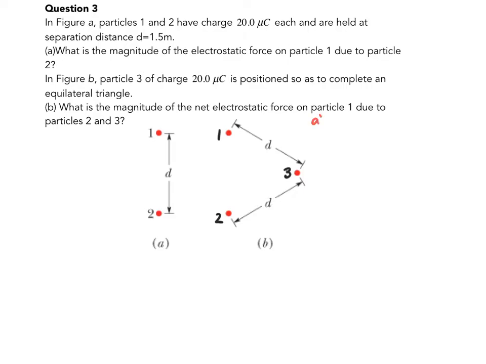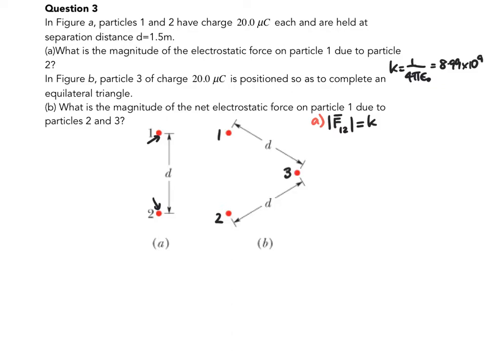It's a bit easier. So for A, we want to find the force of this particle on this particle. So we can just use our electrostatic force equation. We want to find the magnitude of the force of 2 on 1. That's equal to K. Remember that K is just 1 over 4 pi epsilon naught, and it's 8.99 times 10 to the 9 in magnitude.